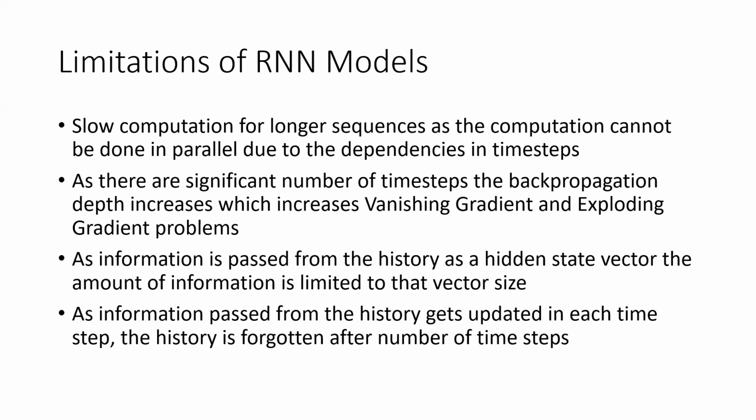Unless you increase the hidden state vector, you cannot increase the memory brought from the history. And when the information is passed through several time steps, it gets eroded, or the history gets forgotten after many steps. That is another problem, right?